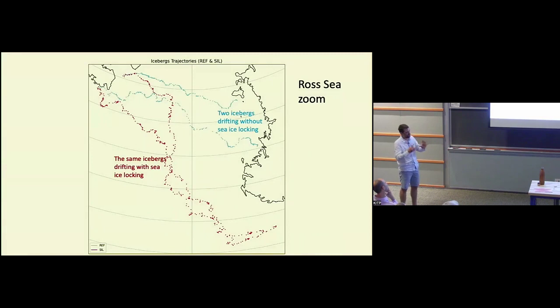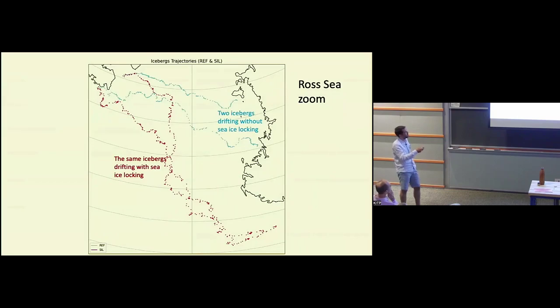So we have put icebergs as Lagrangian particles in the ocean sea ice model. And then we have activated the process by which icebergs can get locked by the sea ice. So when sea ice is compact enough, it could actually capture the iceberg with it, and the iceberg and sea ice would move in synchrony. And when we do that, we notice a very significant change in the trajectory of icebergs.